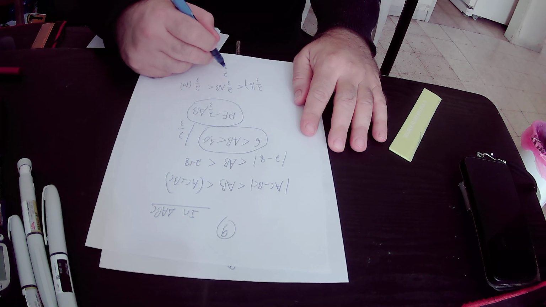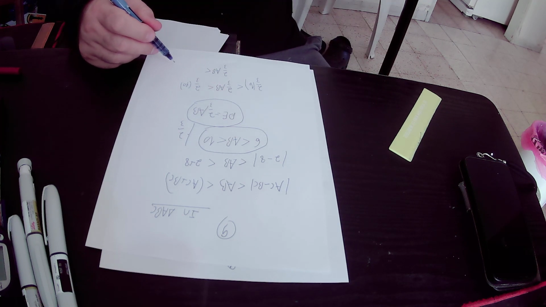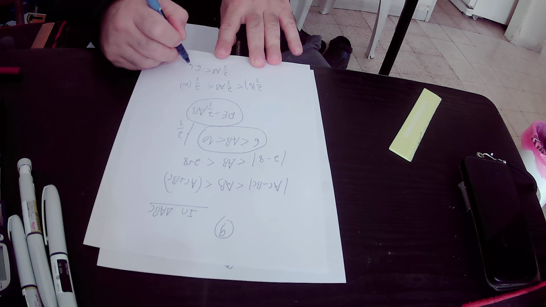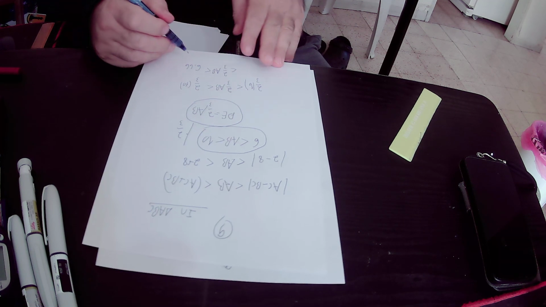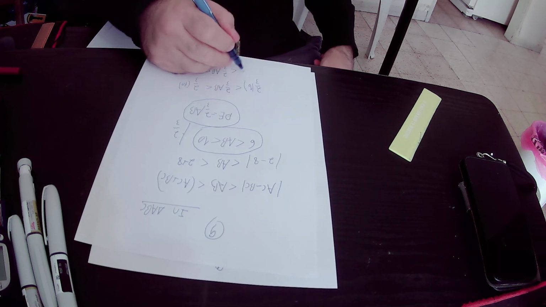So 2/3 AB is less than 2 times 10 is 20, and 20 over 3 is 6.66, and it is greater than 2 times 6 is 12, and 12 over 3 is 4.